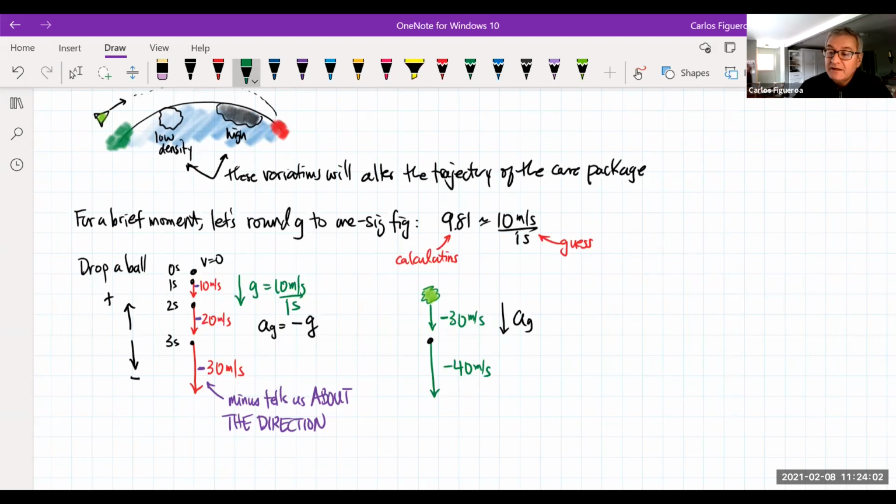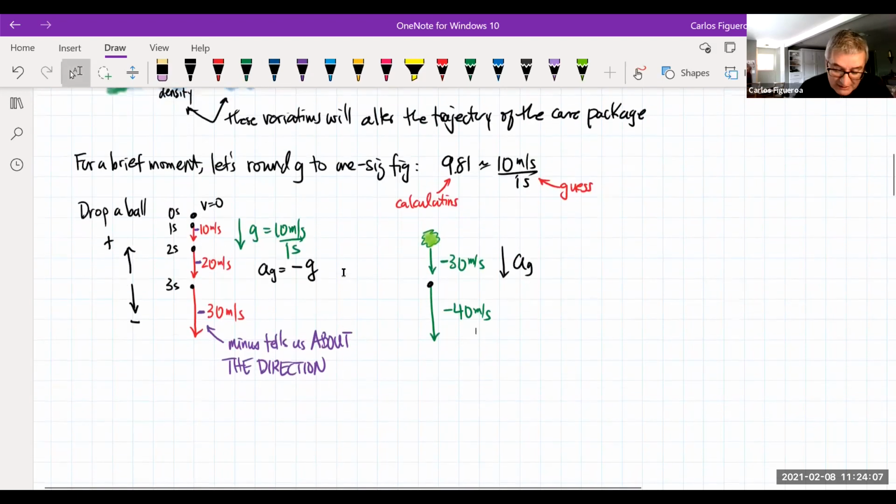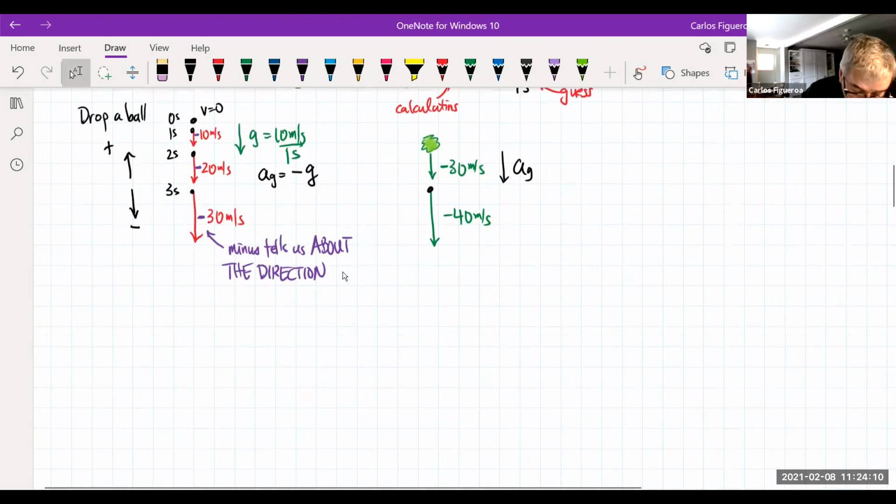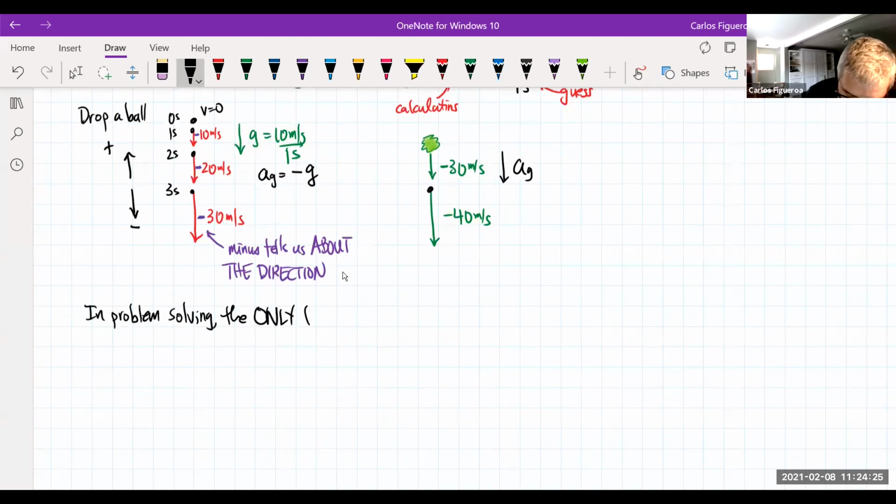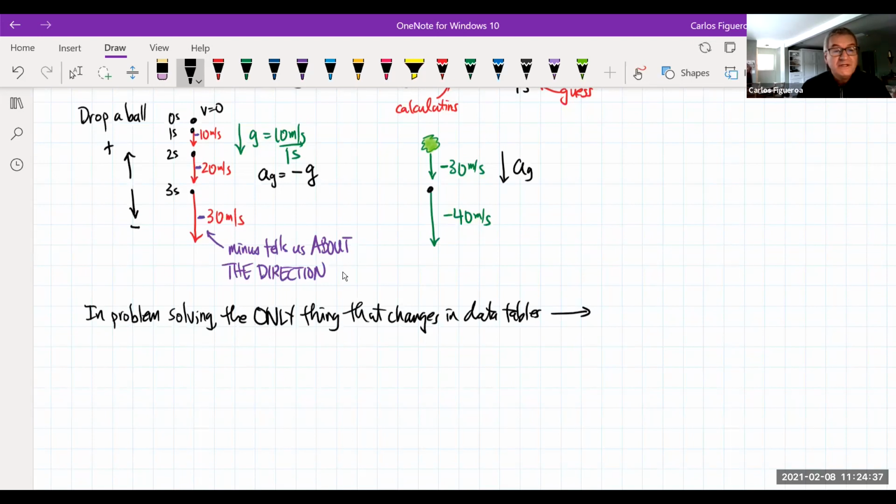So let's go look at things. What you're seeing here is that because we now know the acceleration due to gravity, in problem solving, the only thing that changes in data tables is that you now know the acceleration due to gravity.